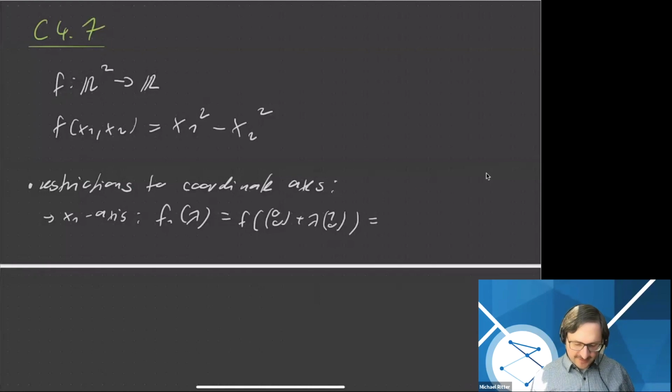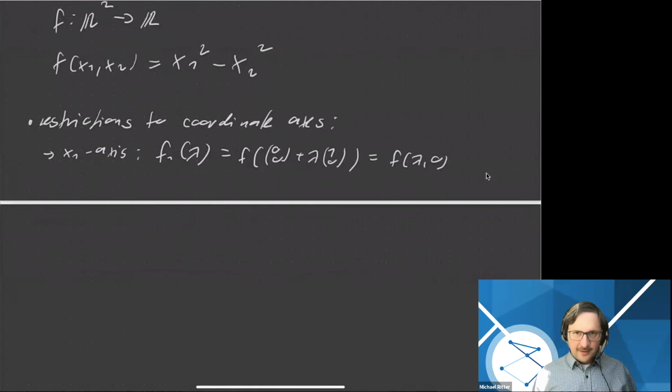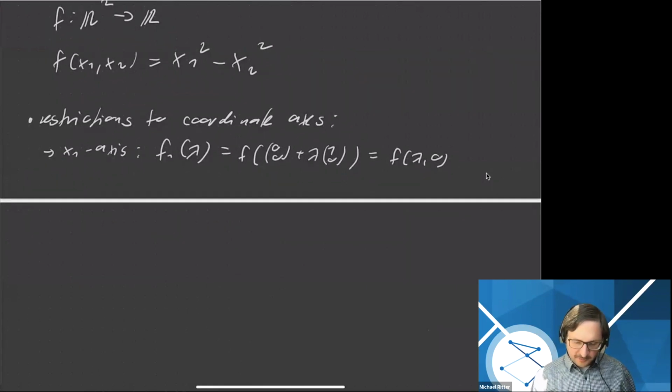What we do is we just vary the first variable, that's lambda now, and the second stays put. In this case, it's 0. And what happens is we just get x1 squared minus x2 squared. x2 squared is 0, so that term just vanishes, and x1 squared becomes lambda squared. Okay, so that's the restriction to the x1 axis.